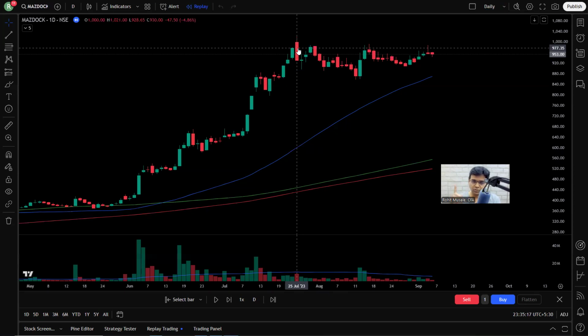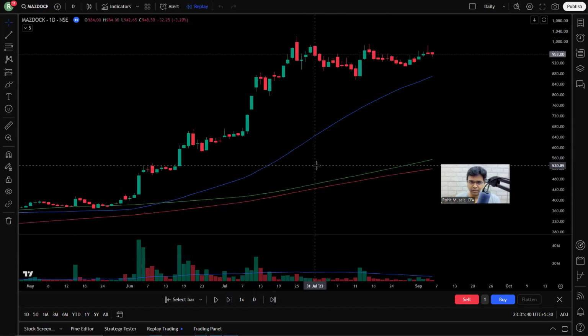Now, strong closing, weak closing does not depend on the color of the candle. Just because it is weak closing does not mean that it is going to be a red candle, or just because it is a strong closing does not mean that it is going to be a green candle. Sometimes you might have a red candle as well with a strong closing.